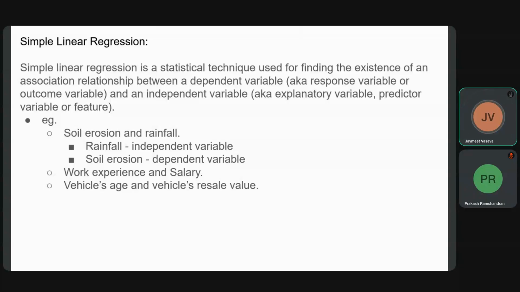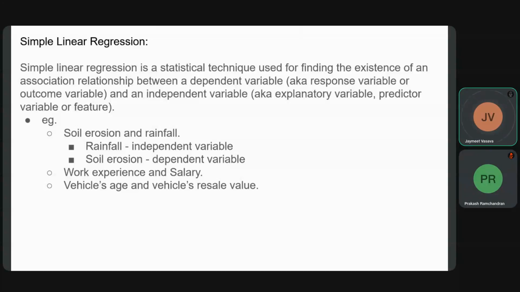Simple linear regression is a statistical technique used for finding the existence of an association relationship. Basically, you have two factors, an independent and a dependent variable. You have an independent variable which will cause an effect, and a dependent variable on which we will see how much effect we got.